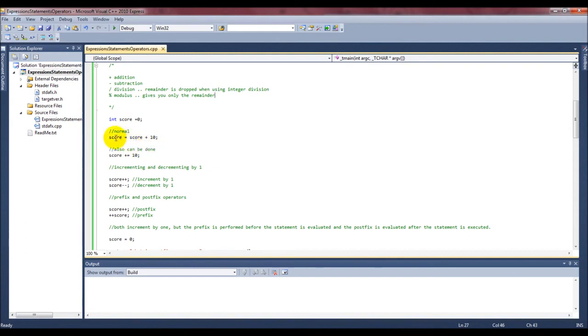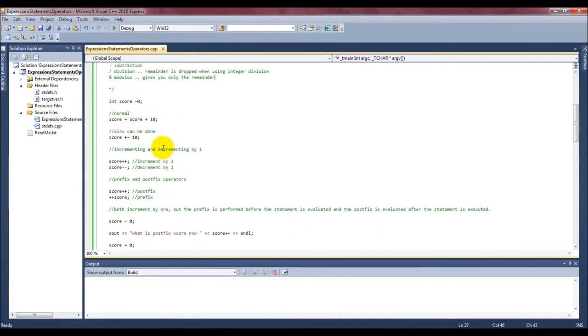This is how you normally would see score plus 10 assigned back to score. But it also can be done with this plus-gets symbol here. These two lines of code are equivalent. So if you see this, just keep in mind that these two lines are equivalent. And the same goes for score minus 10 and minus-gets. It also can be read that way.